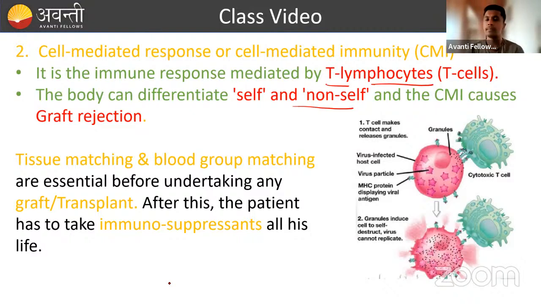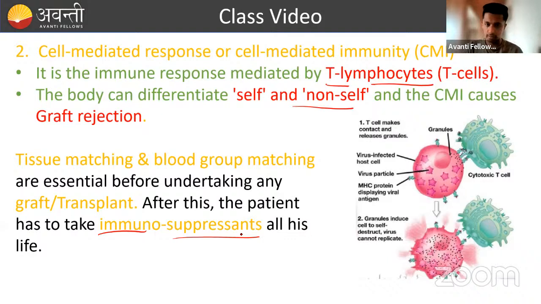Organs are very precious, and the health of a patient is also very important, because at that point they'll be very weak. So to support the patient's body, doctors prescribe immunosuppressors. Immunosuppressors are taken for a very prolonged period of time. It might go up to 6 months to 1 year, depending on the patient.